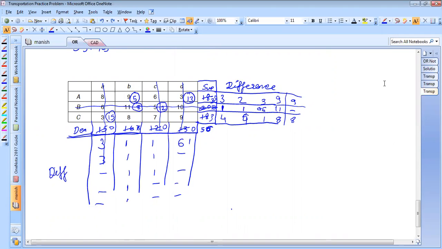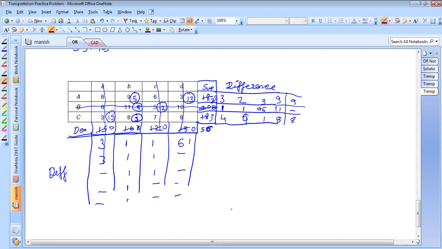Is it correct, students? Yes, sir. That means in this problem, Vogel's and least cost method are giving the same answer. Okay. Any doubts in this?